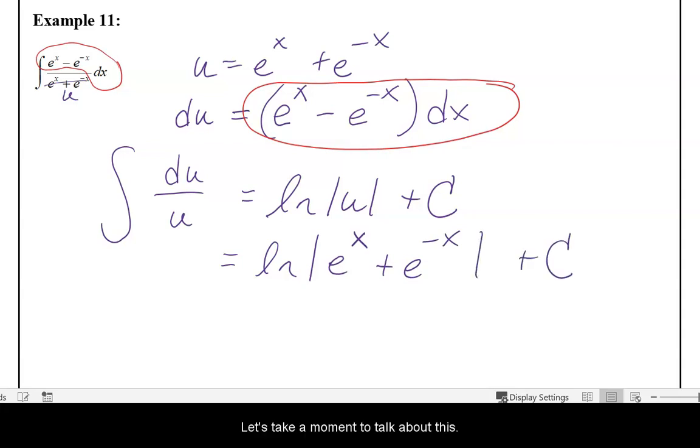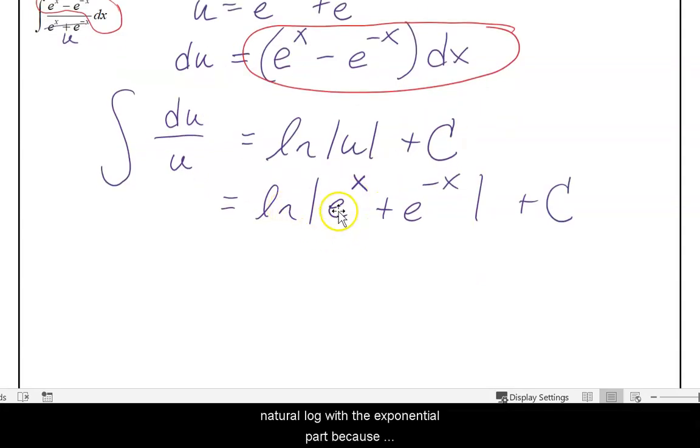Let's take a moment to talk about this. A lot of students are tempted to want to try to reduce the natural log with the exponential part because they know that natural log and e to a power are inverse functions. However, natural log is an operation and it does not distribute.